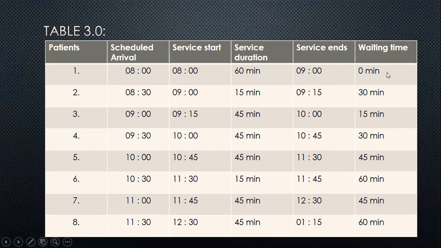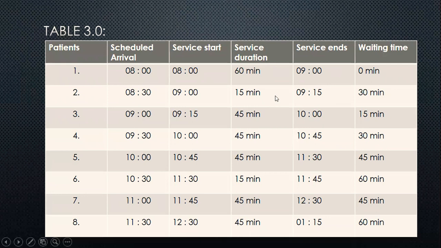So he waited for 0 minutes. Okay, next is the arrival time of the second patient, 8:30. If he comes at 8:30 and his service starts at 9, it requires 15 minutes. So after 9, we add 15 minutes and it becomes 9:15.